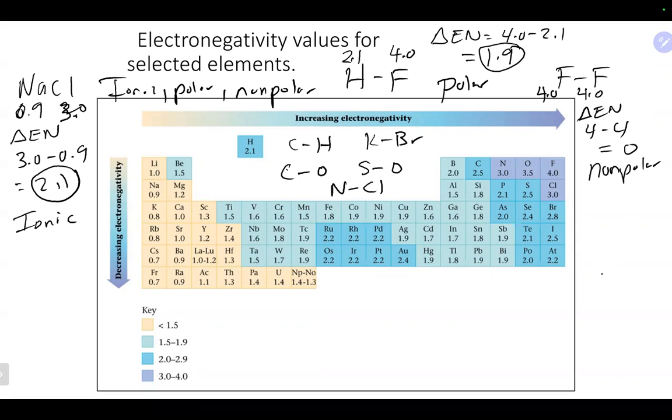For each of these bonds, basically use the electronegativity values and determine, is it ionic, is it polar, or is it a nonpolar bond? So take a couple of minutes. Okay, let's take a look, see how you're doing.